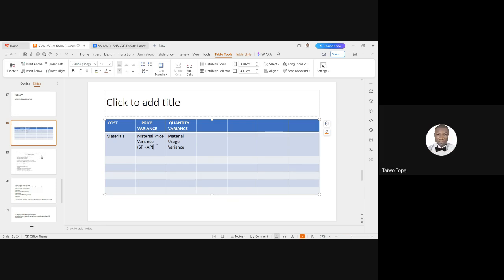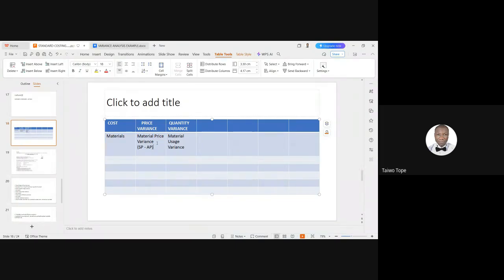So in simple terms, when you look at price variance, it is the difference between the standard price and the actual price, multiplied by what you actually bought, the actual quantity purchased. That is material price variance.